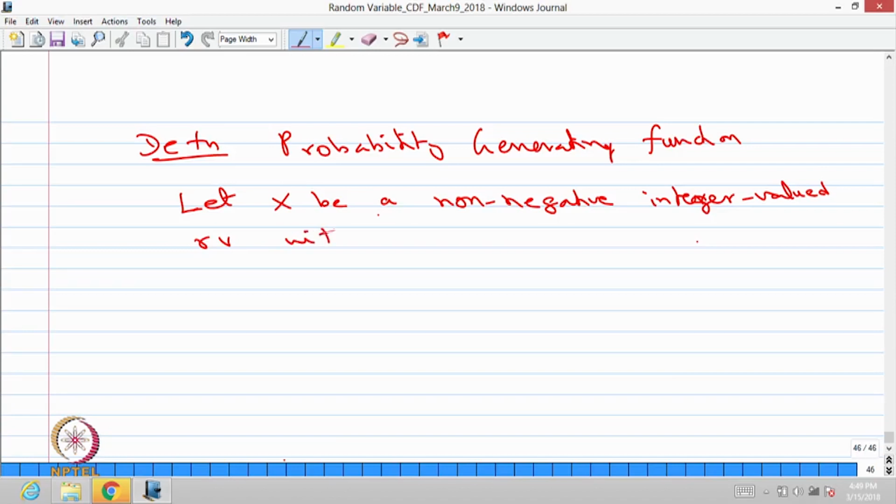In particular, it is a non-negative integer valued random variable with the probability of x takes the value k, we denote it as p suffix k, where k takes the value 0, 1, 2 and so on. There is a possibility it may take a finite number of values also.